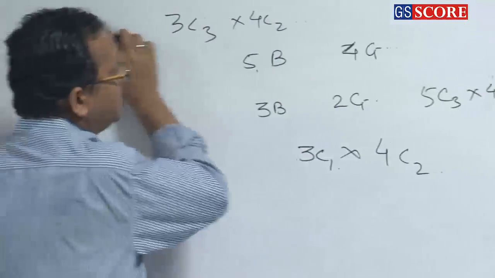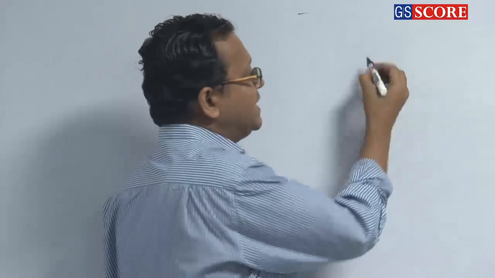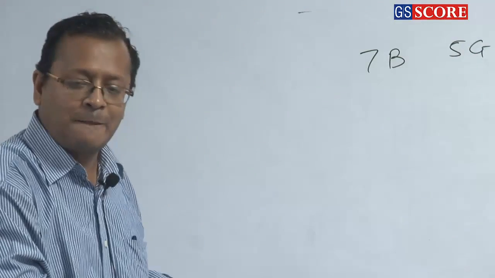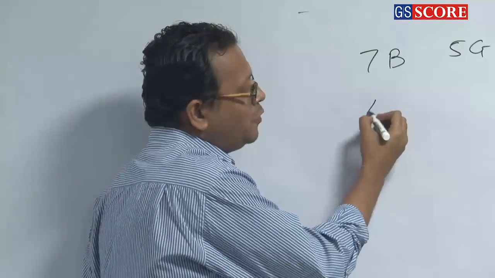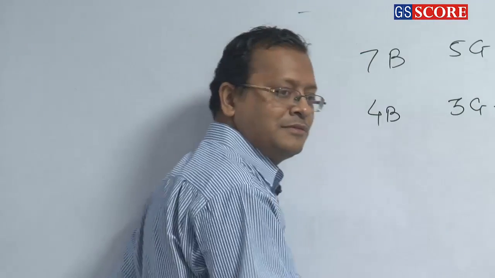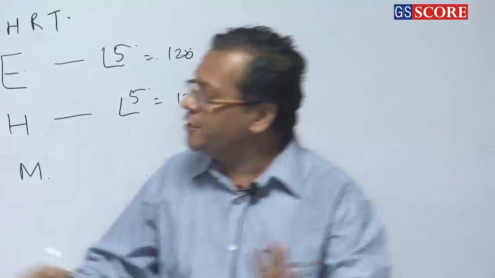Now questions are coming out from this only. I increase the numbers. Say 7 boys and 5 girls. I have to select a committee of 4 boys and 3 girls. But 2 girls are there, say G1 and G2.